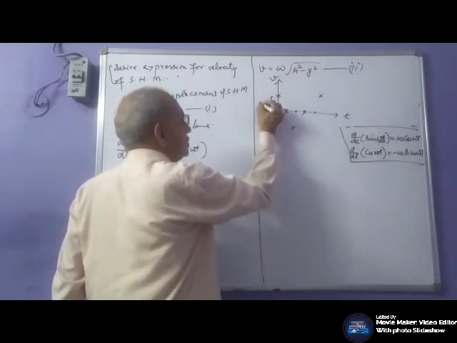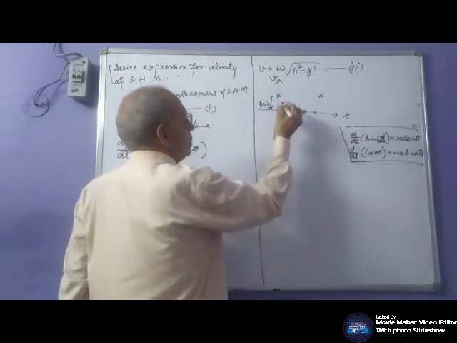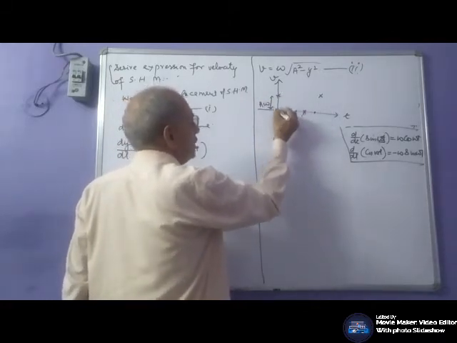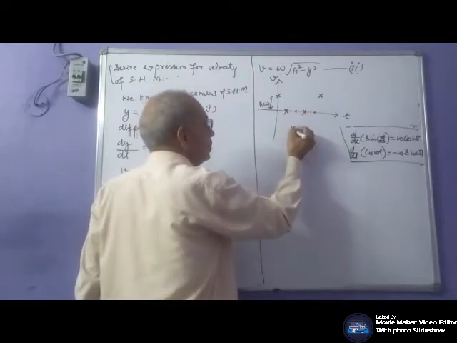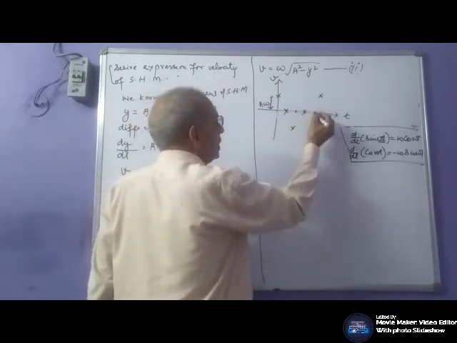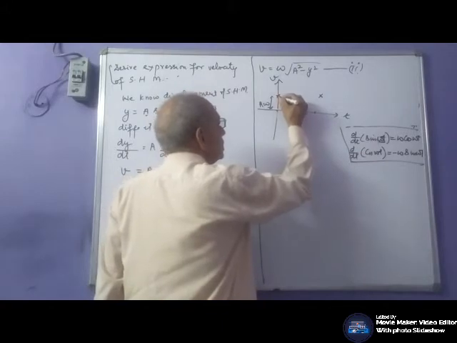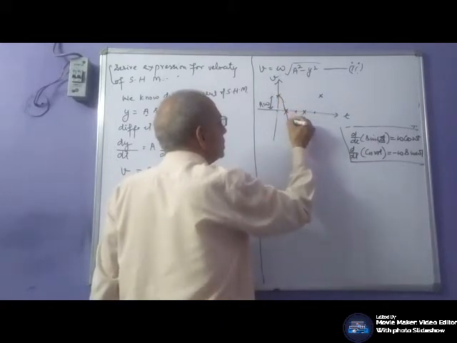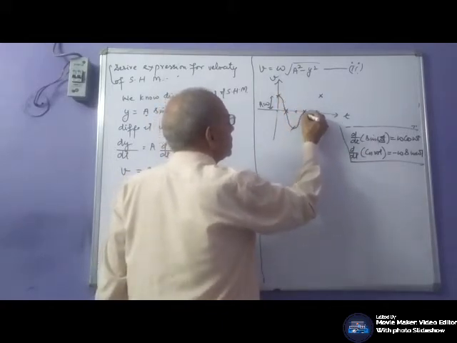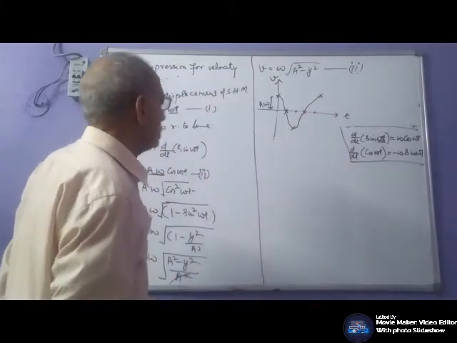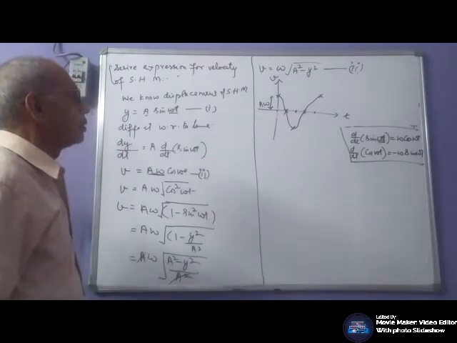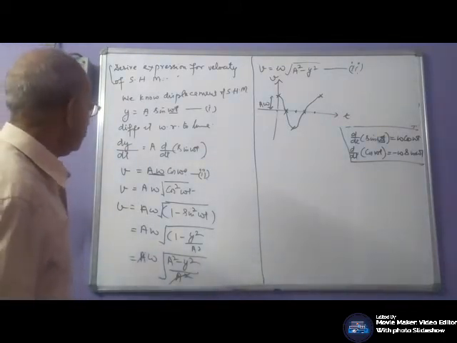So this is the amplitude of velocity. Next is 0, next maximum but in the opposite direction, next 0, next maximum in the opposite direction. This is the plot of the V-T graph.